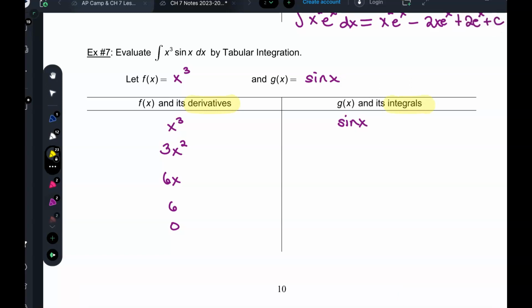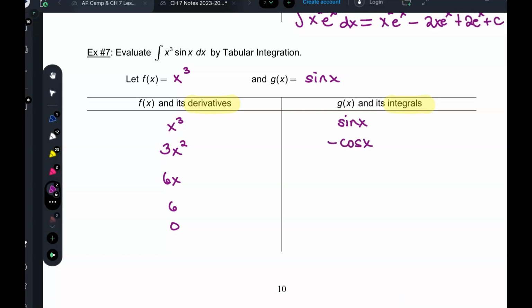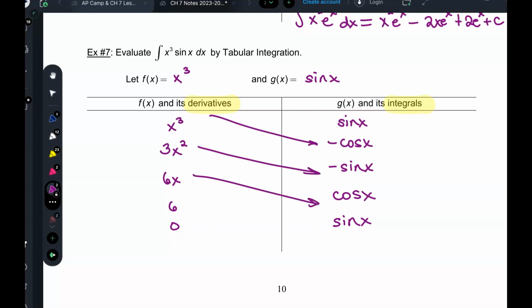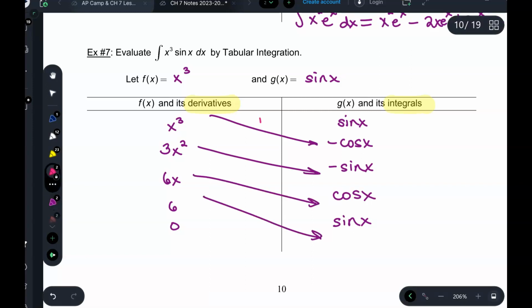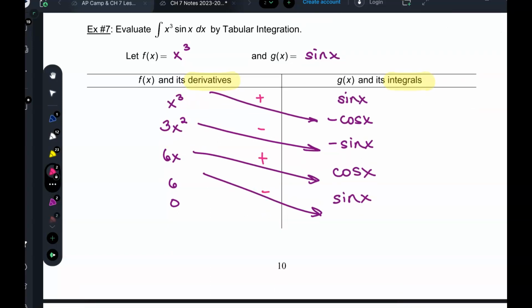So the integral is negative cosine x, then negative sine x, then cosine x, then sine x. Plus, minus, plus, minus. Did you get it? x cubed cosine x plus 3x squared sine x.